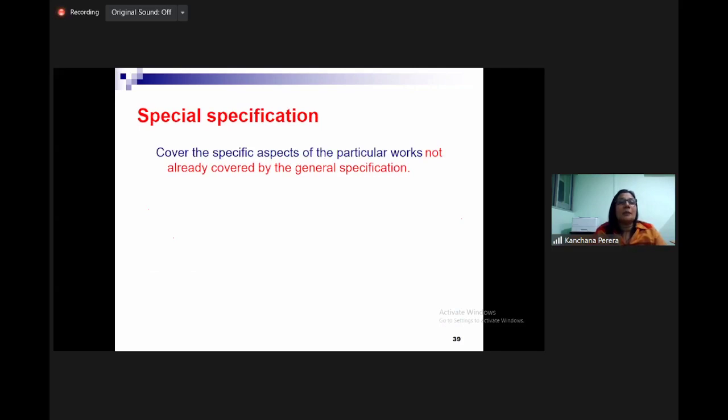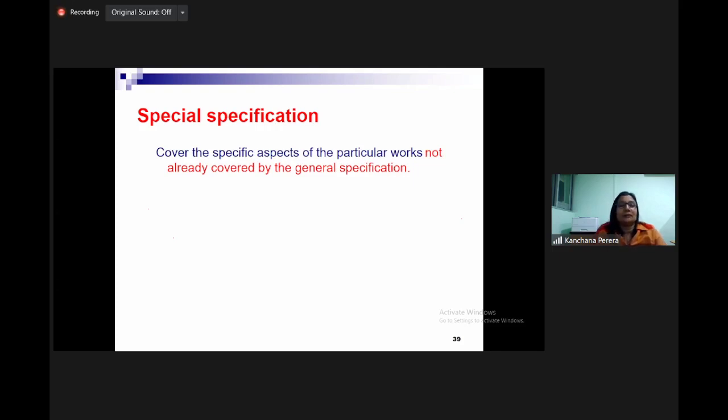Then special specification or particular specification. What do you mean by special specification or particular specification? Anybody in the group can answer me? Special specification or particular works or any particular specification.